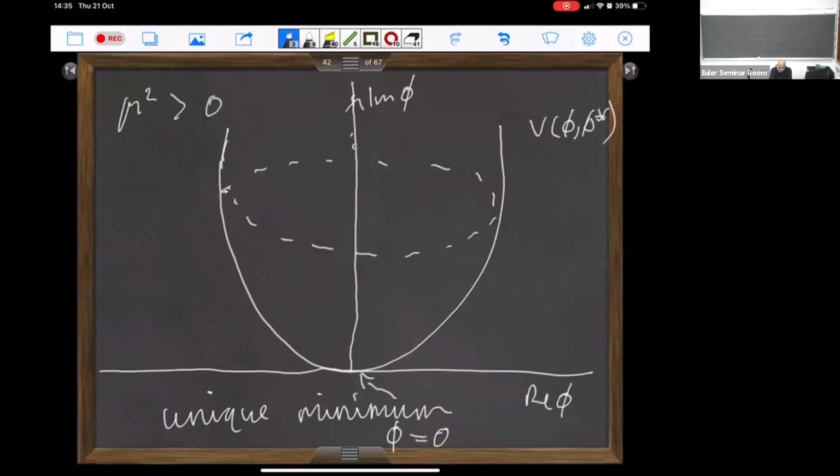For mu squared positive, I've tried to sketch what the potential looks like. You can find these pictures in the textbooks, but basically you just have a unique minimum when mu squared is positive, and then, badly drawn, this goes off to large positive values at large phi. But the important point is there's just a unique minimum at phi equals 0.